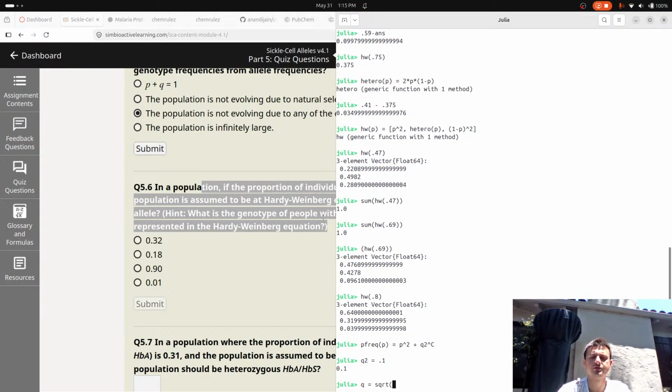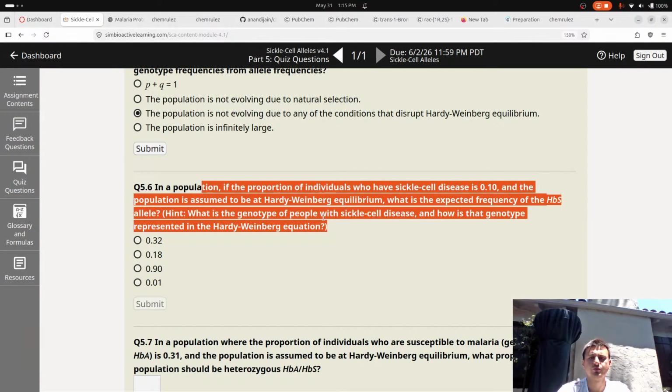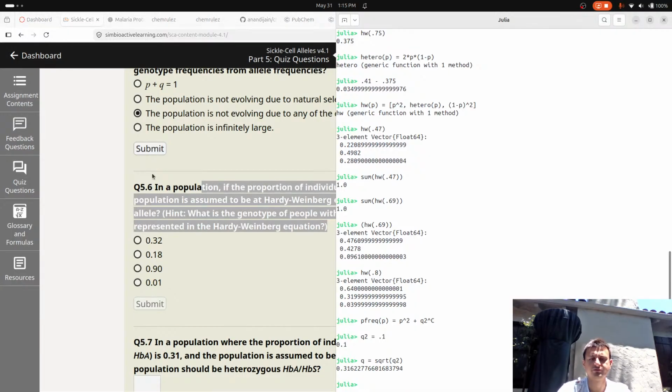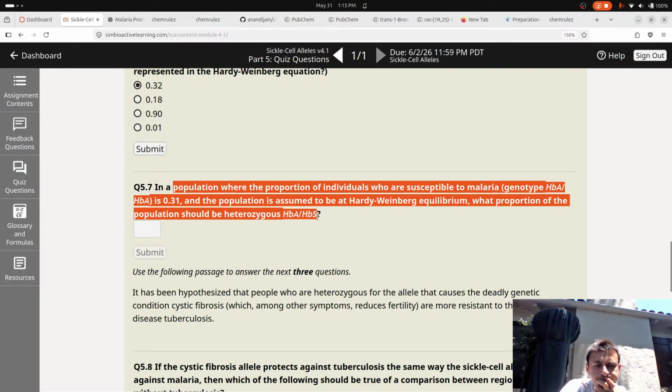So q is equal to the square root of q squared. So what is the expected frequency? I think it's just 0.32. In a population where the proportion of individuals who are susceptible to malaria is, so p squared equals 0.31.